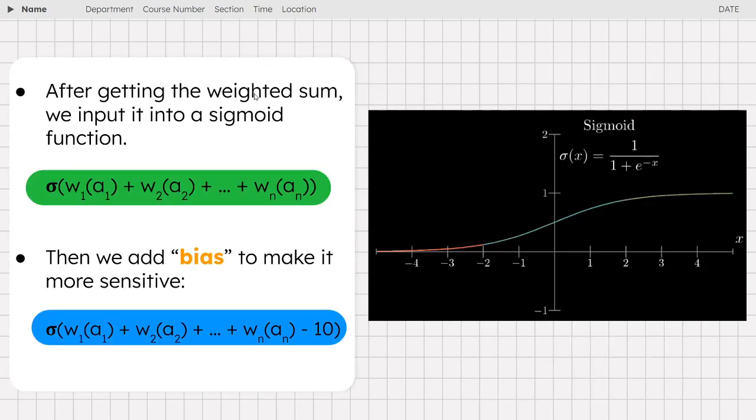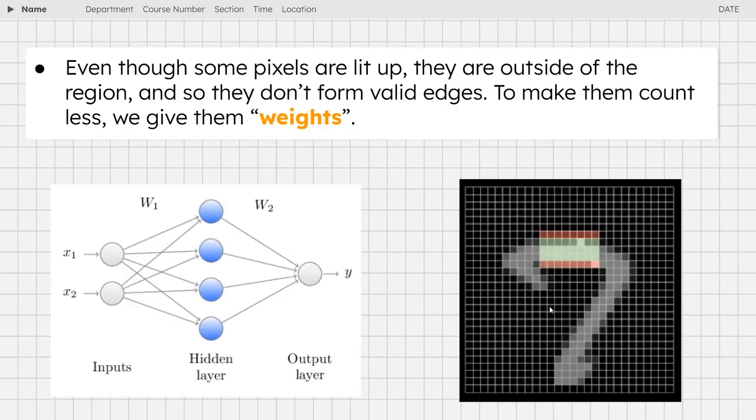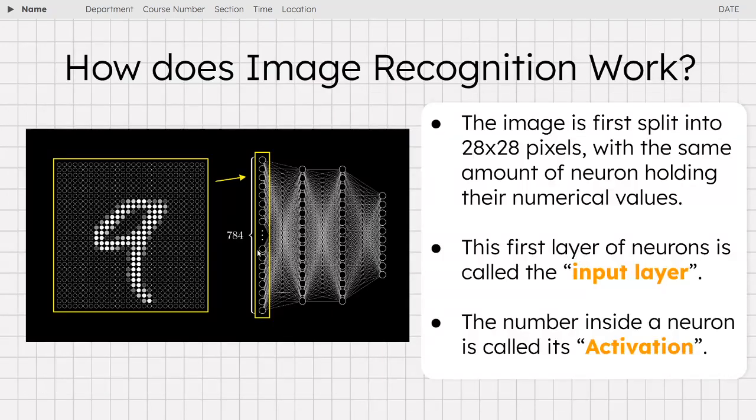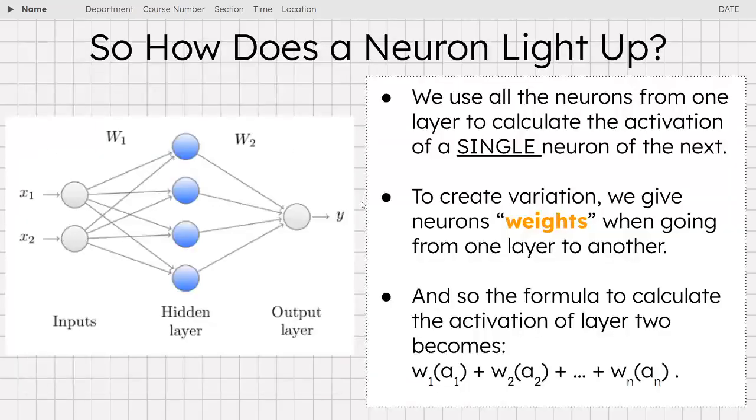And after we get the weighted sum, we input it into a sigmoid function. The reason for this is because the weighted sum can get incredibly large. Even though we're only using values from 0 to 1, given the insane amount of neurons that we're working on, the sum is bound to get high. Even if it's not 700, it could still be like 100 or 70.